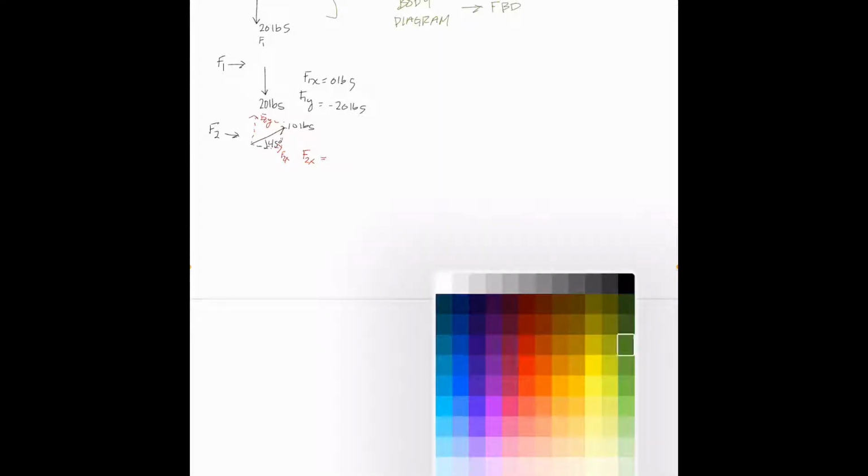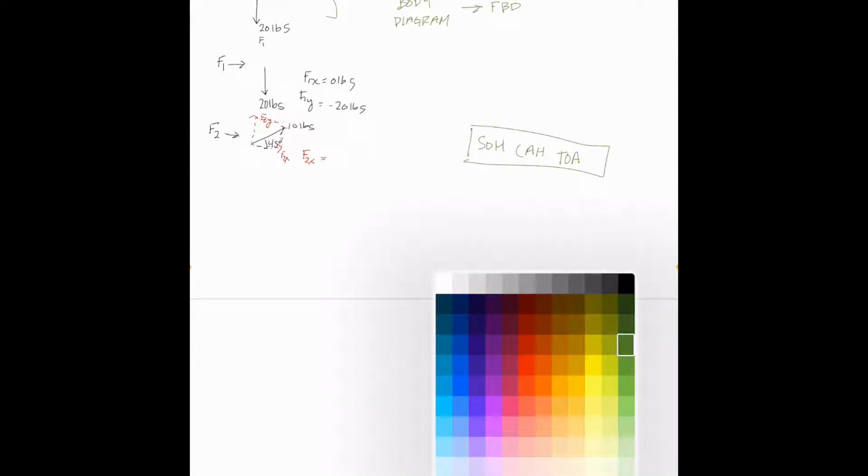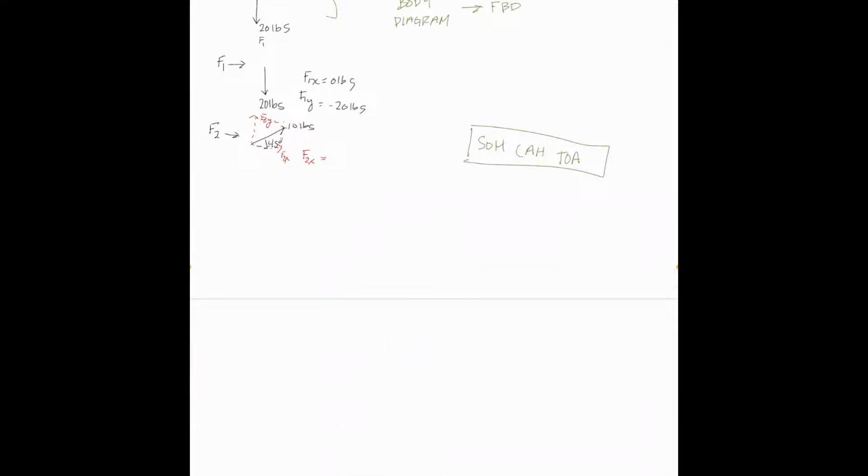So that's equal to, using trig, right? We know SOHCAHTOA, right? We all remember that from trig? Okay, so F2X is going to equal a positive, right? Because these arrows all need to be going in the same direction.